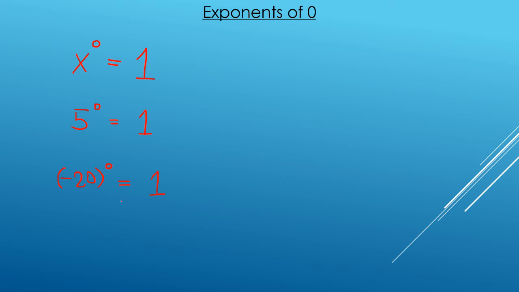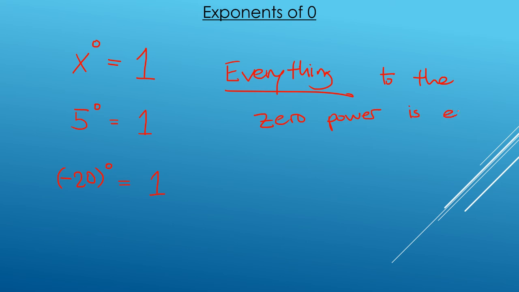Everything to the 0 power is 1. Let me write that down. I want you to write it down too. Everything to the 0 power is equal to the number 1.